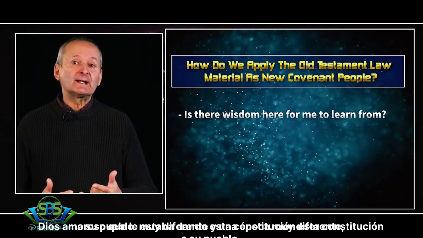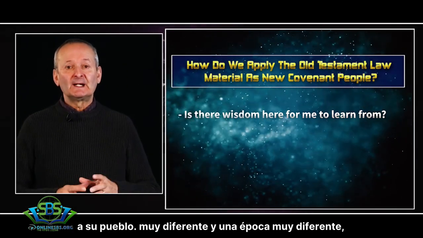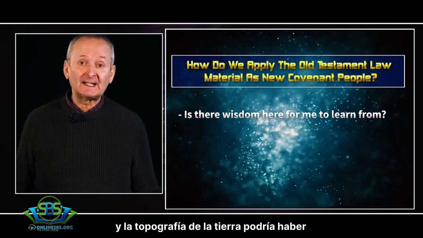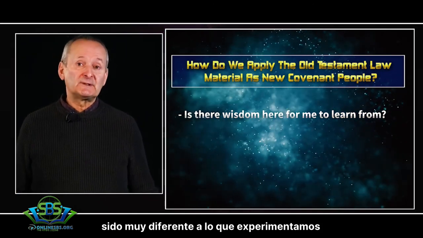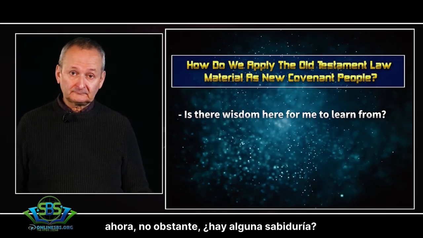And so we recognize that even though it was a very different culture and a very different time, and the topography of the land may have been very different to maybe what we experience now, nonetheless, is there any wisdom?